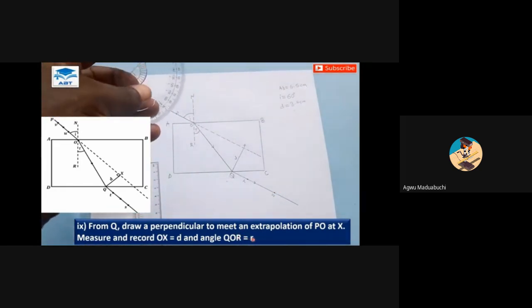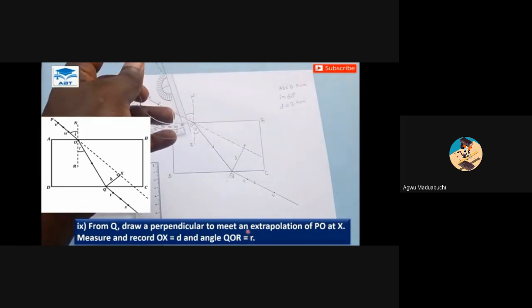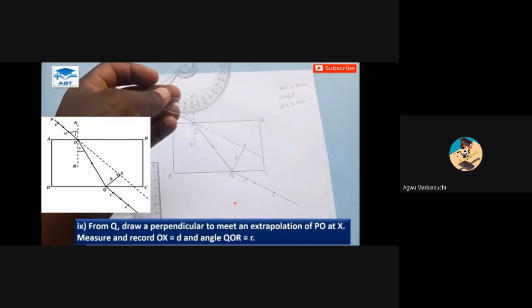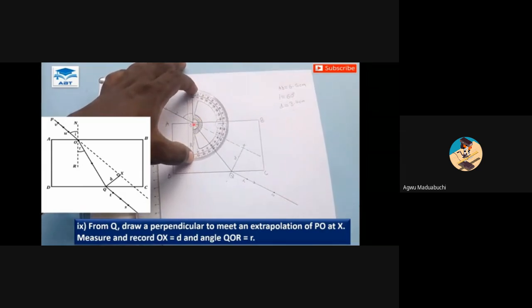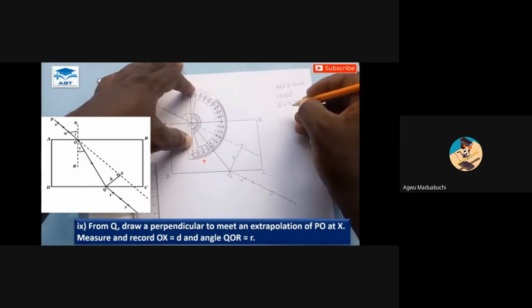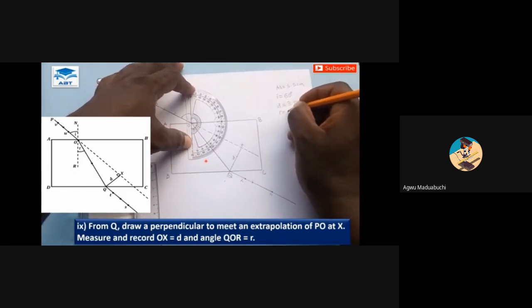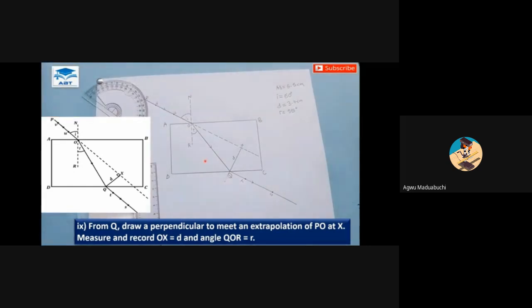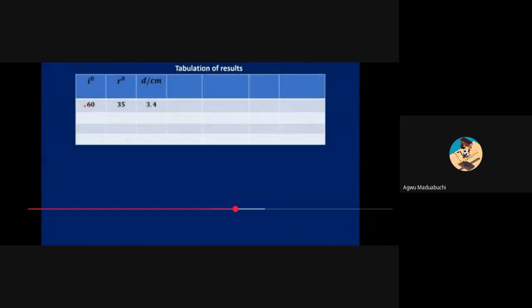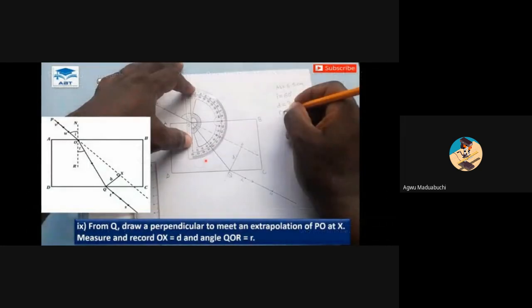Good. So he's recording the angle of refraction. Did you see how he picked the angle of refraction? Yes, I've seen it. Oh, good.